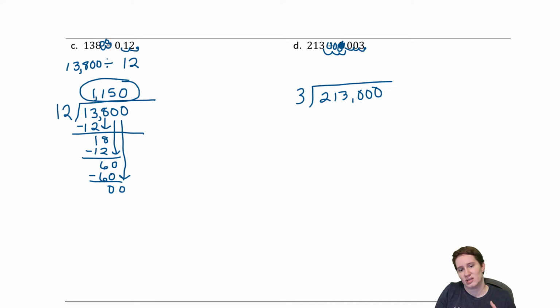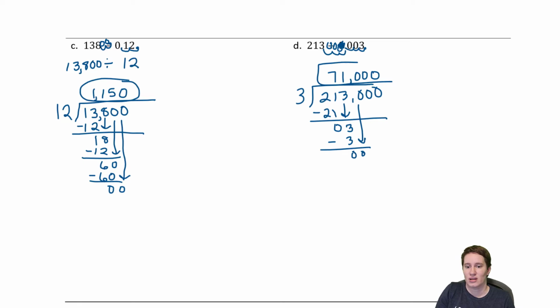So 3 into 2 doesn't happen. 3 into 21 goes 7 times, and we subtract 21. We drop down the 3. 3 into 3 happens once. And then now we're just going to keep getting zeros, so all the rest of these end up being zeros. So our answer here is 71,000.